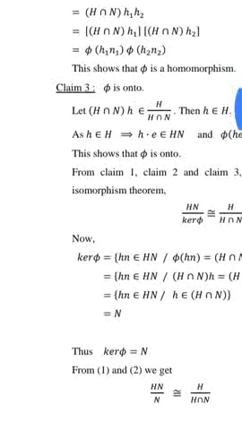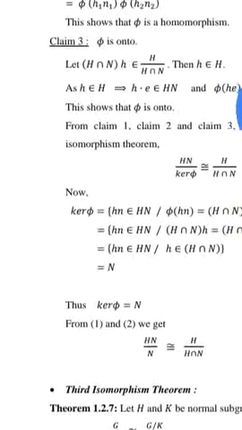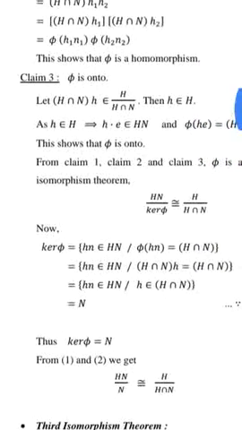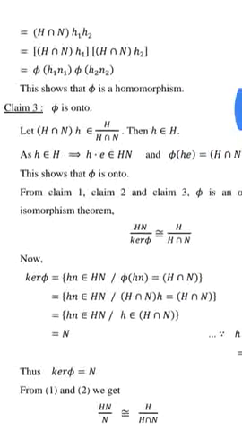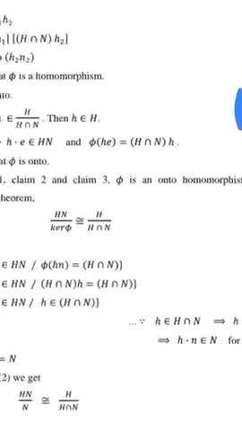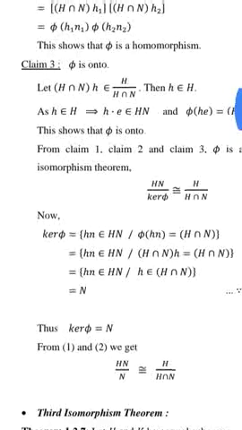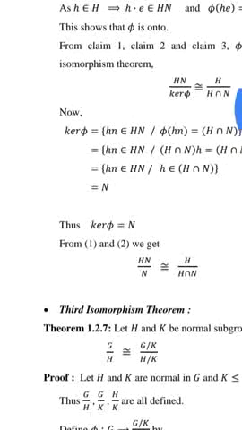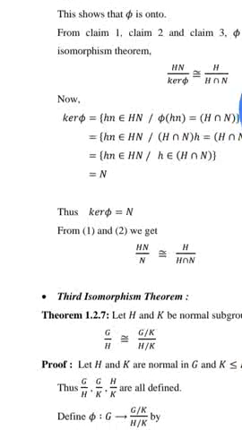This shows that phi is onto. Therefore, phi is well defined, phi is a homomorphism, and phi is onto. Therefore, HN divided by kernel phi is isomorphic to H divided by H intersection N.